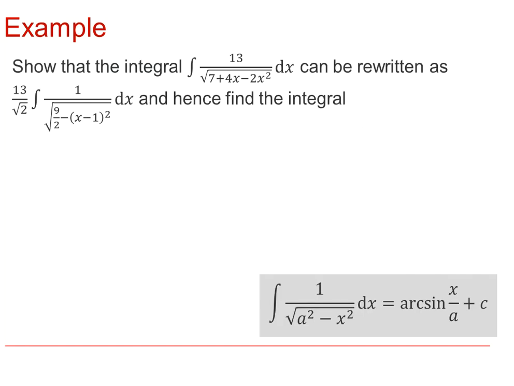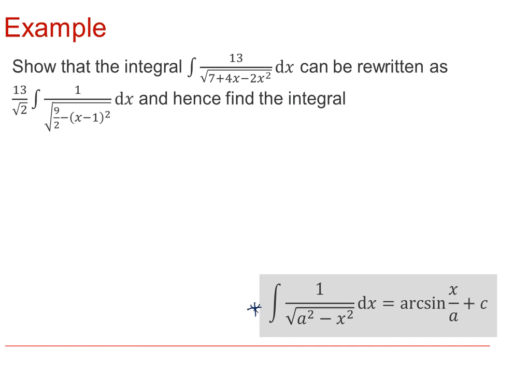In this example, we're asked to show that the integral can be rewritten as 13 over root 2 times the integral of 1 over the square root of 9 over 2 minus (x minus 1) squared, and hence find the integral by using this standard result here.